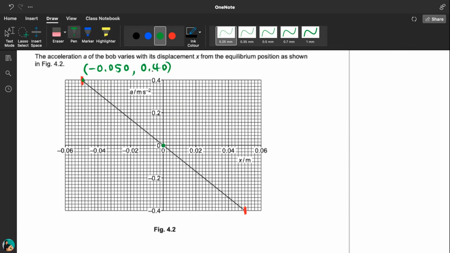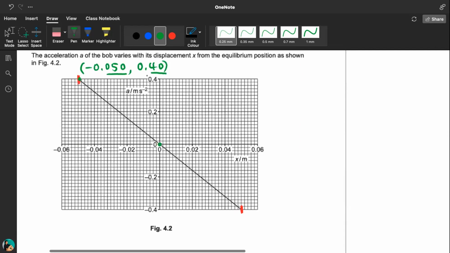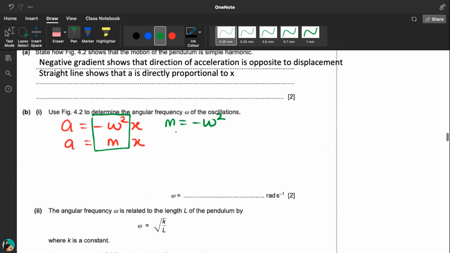Your coordinate should have 2 decimal places for the y and 3 decimal places for the x, because the smallest unit is 2 decimal places for this one, and the smallest unit is 3 decimal places for this one. So I'm going to write here 0.050, 0.40. And here, 0.40, 0.050 equals. This is a negative gradient, right?